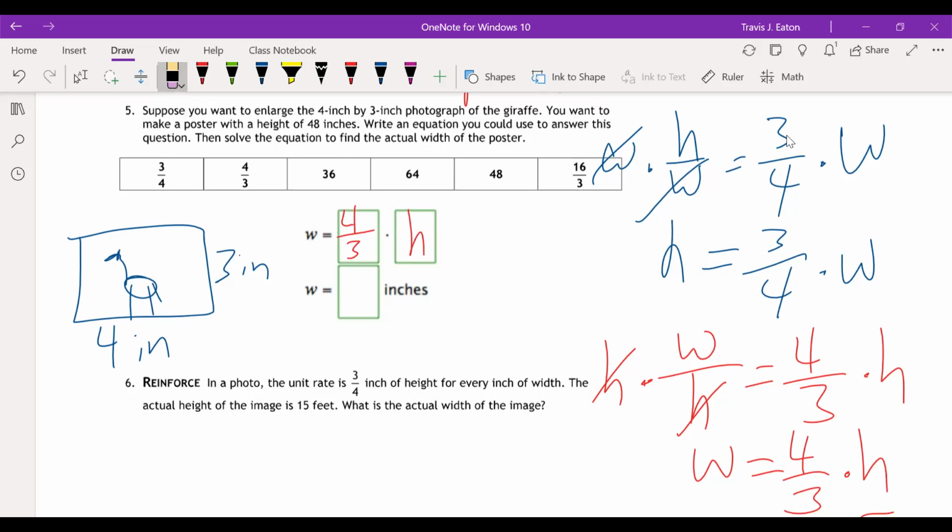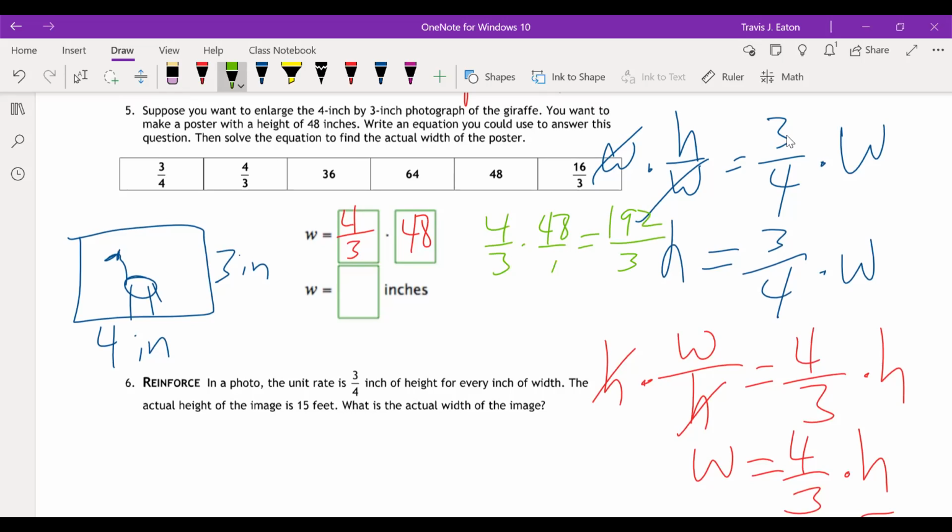In this case, we know the height. The height is 48. And what is 4/3 times 48? Well, let's have a look at that. 4/3 times 48 over 1. 4 times 48, what is that, Mr. Calculator? 4 times 48 is 192, divided by 3, because 3 times 1 is 3.